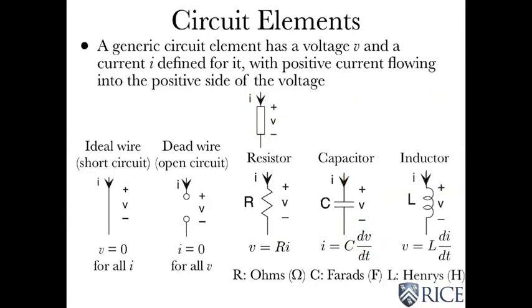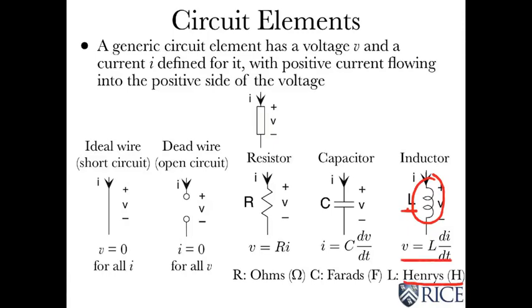And then finally, there's the inductor. The symbol here for an inductor is supposed to resemble a coil of wire, has an inductance L, which is measured in henries, for Joseph Henry, an American 19th century physicist. And it has the VI relationship, the voltage is proportional to the derivative of current.